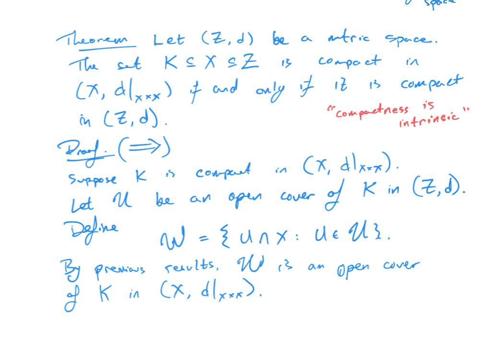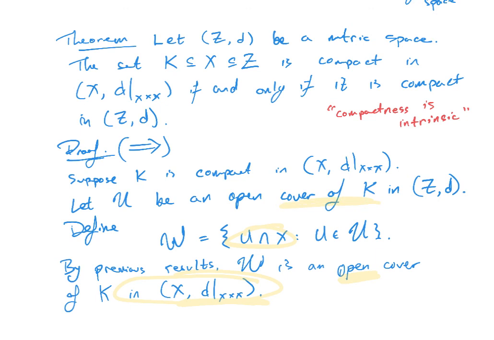Again, just remember, we defined relatively open with respect to X as being open in the metric space X, the metric space restricted to X. And then we proved that you're relatively open in X if and only if you're an open set intersect X. So these are all relatively open in X, which means they are open in that metric space.